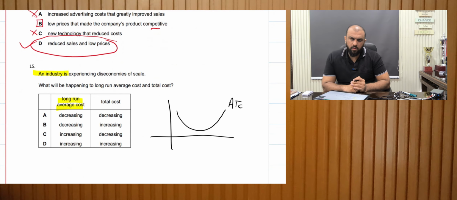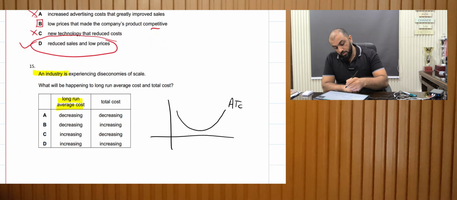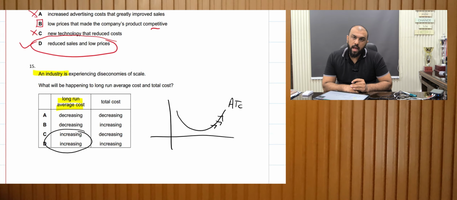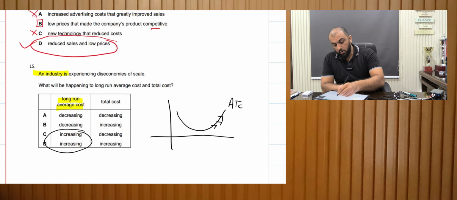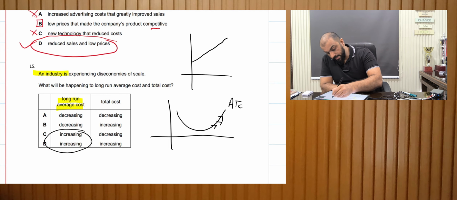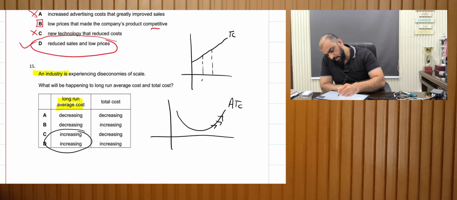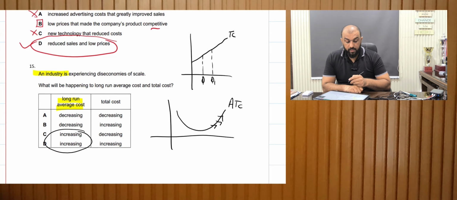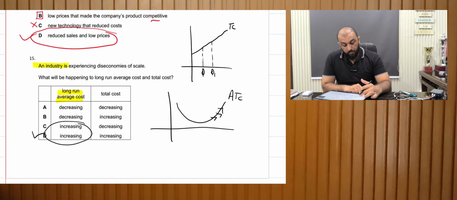This is basically long run average cost. So the average cost will be increasing. That is diseconomies of scale. This is the basic definition. And what would happen to the total cost? The total cost is like this. So the total cost will increase as the number of units increase. Right? So D is my right answer.